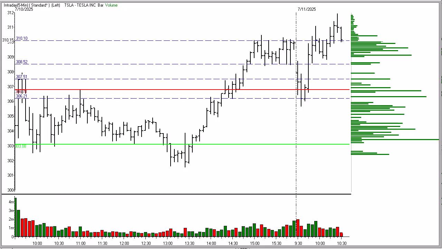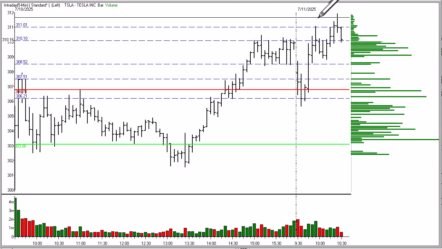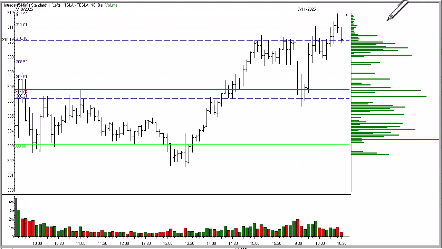And then, of course, today what we're going to do is reevaluate as the session starts moving on. Where are the levels today? Right now, I'm going to say about 311.01 would be the next one that I'm looking at. And then maybe we're going to have one up here at 311.83. We need to see a retest of that.